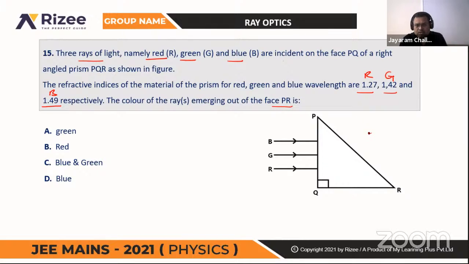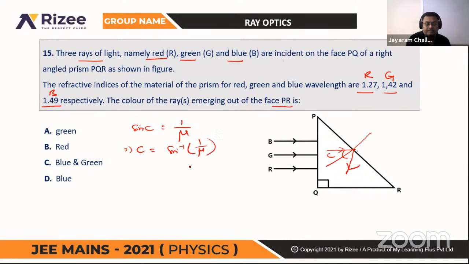The rays which do not undergo total internal reflection will emerge. Whichever rays fall at an angle equal to or more than the critical angle will be reflected back into the same medium. So our primary duty now is to find the angle, as he has given the refractive indices of the different cases. From Snell's law, sin C, the critical angle, is equal to 1 by mu, or C is equal to sine inverse of 1 by mu.